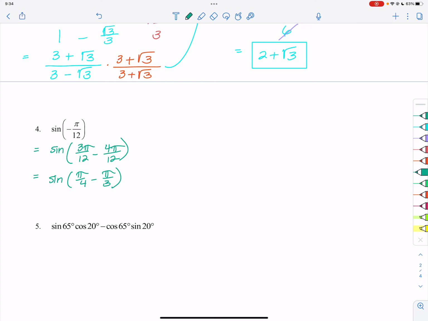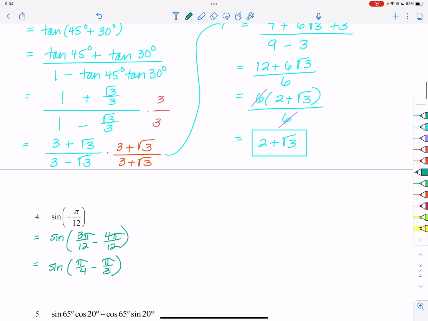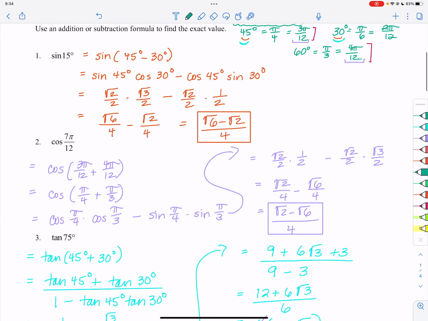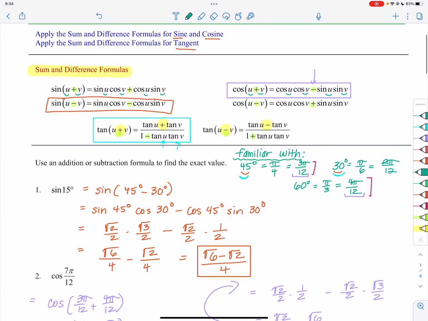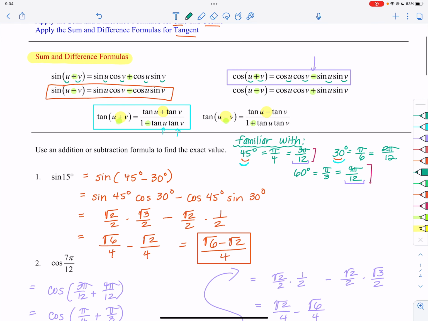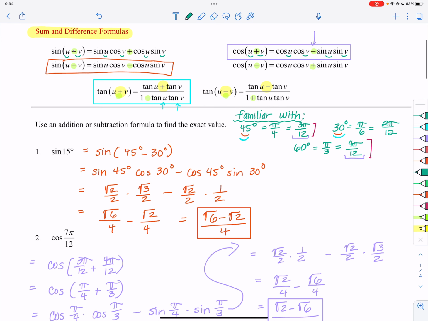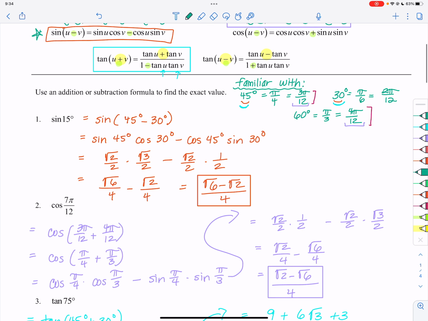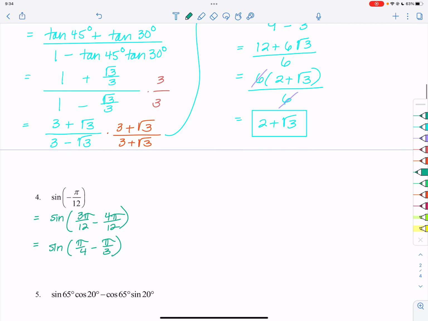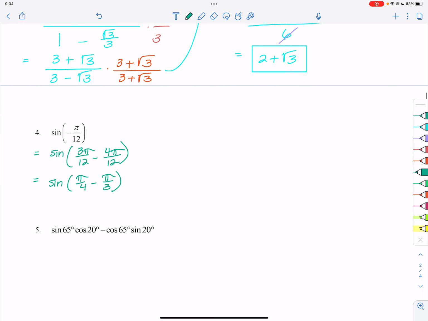And if you can see here, that is the difference identity, the difference formula for the sine. So again, we have this formula here.